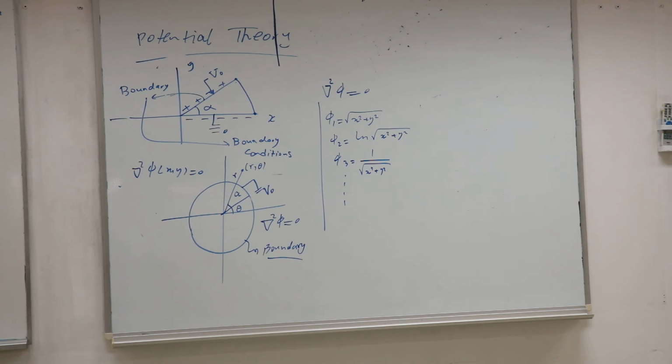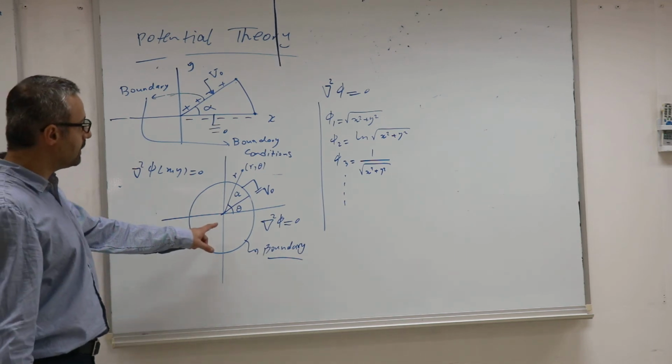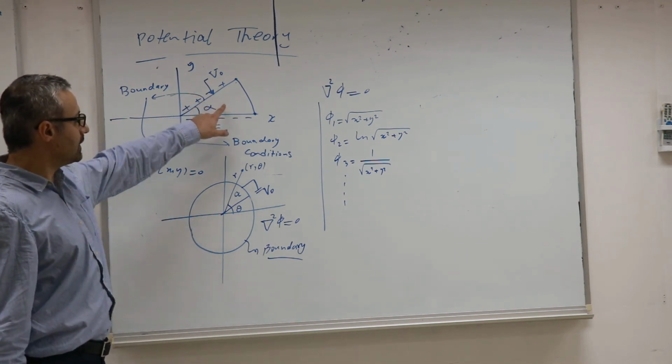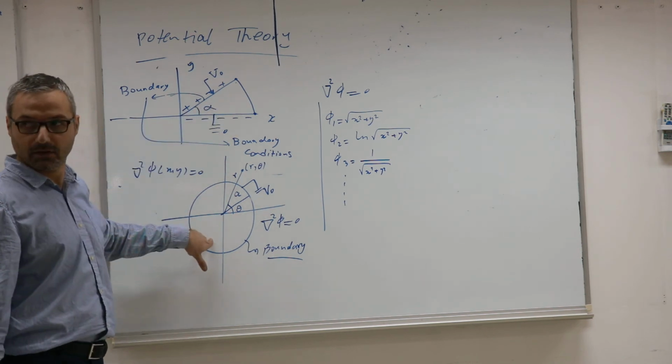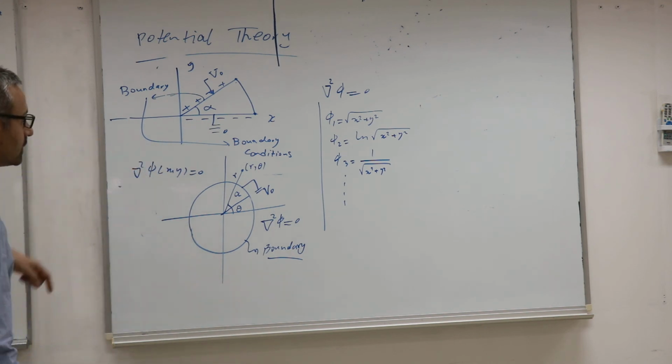Maybe this is easier than that. You don't see that, but this is easier than that. Either one of these questions I want to solve. And by solving this example, you will see how to impose the boundary conditions.